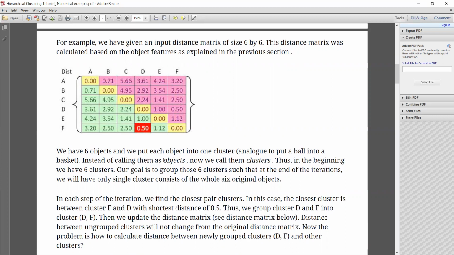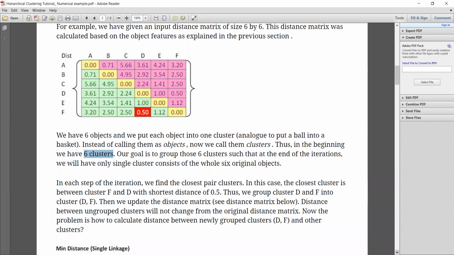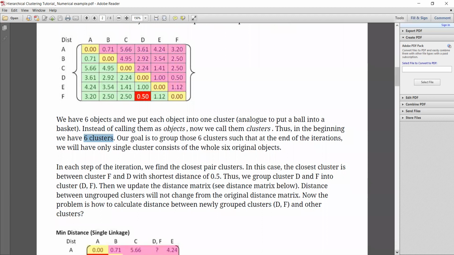Instead of calling them objects, we now call them clusters. Thus in the beginning we have 6 clusters. Our goal is to group those 6 clusters such that at the end of the iterations we have only a single cluster consisting of all 6 original objects. That is the idea behind agglomerative clustering.